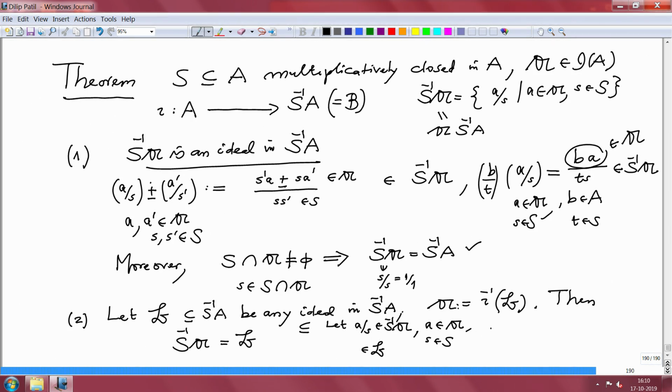Therefore A by 1, I want to prove this element is in B. Since A by S is in S inverse A, I can multiply by S by 1. 1 is allowed in the denominator. Now what do I get? I get A by 1, and A by 1 is in S inverse A.